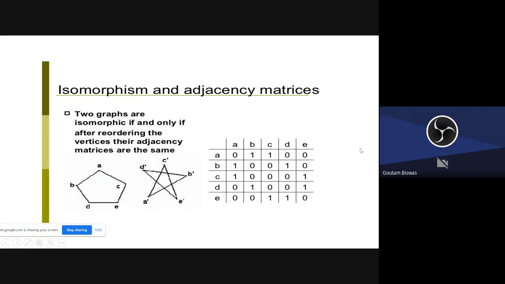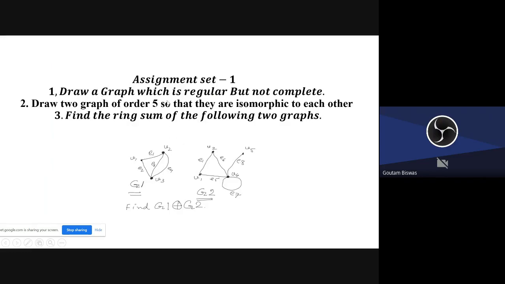Okay. Next one is, this is your assignment. You have to draw a graph which is regular but not complete. You have to draw two graphs of order 5 so that they are isomorphic to each other. So what is order, you know, and they must be isomorphic.